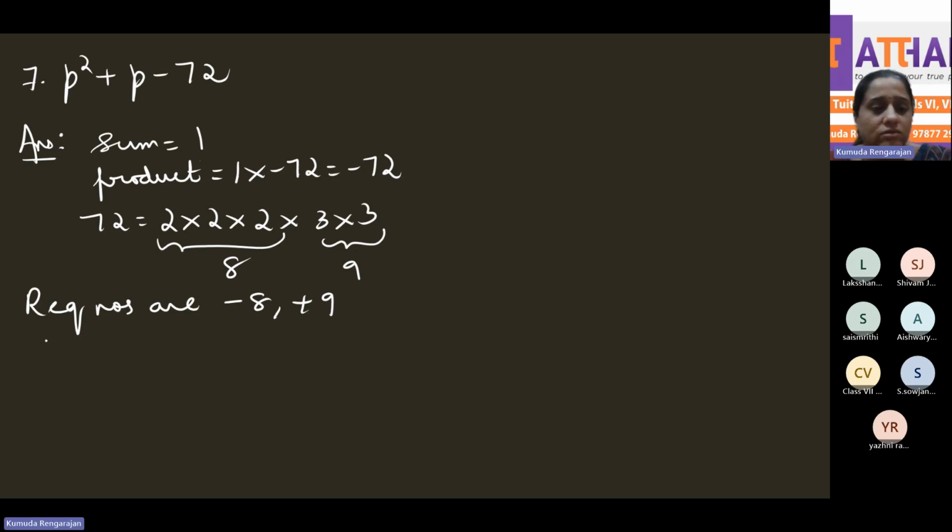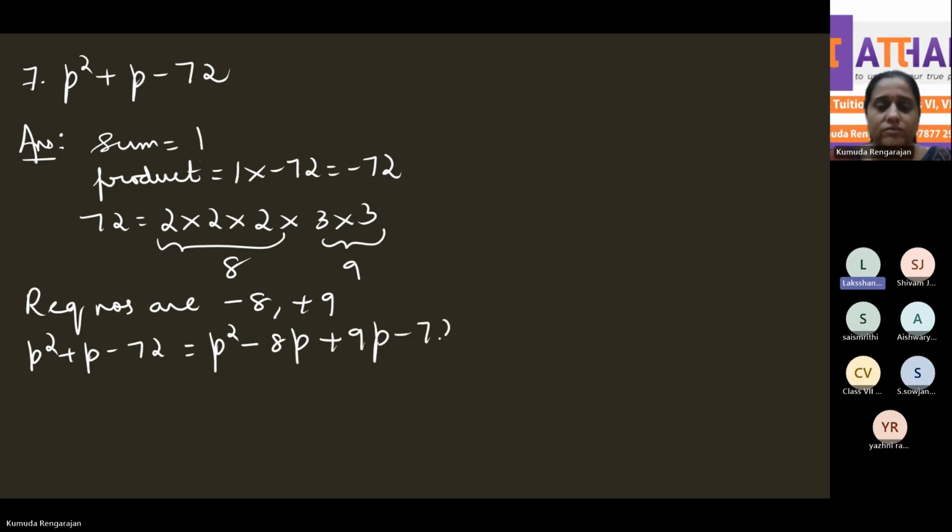Very good. So p squared plus p minus 72 is equal to p squared minus 8p plus 9p minus 72.